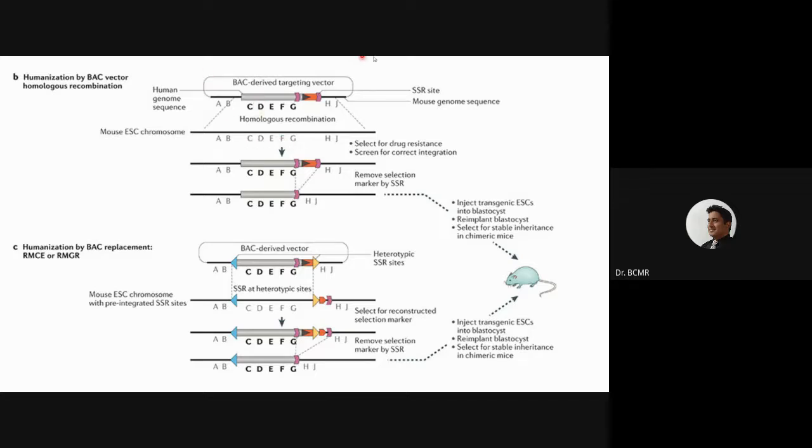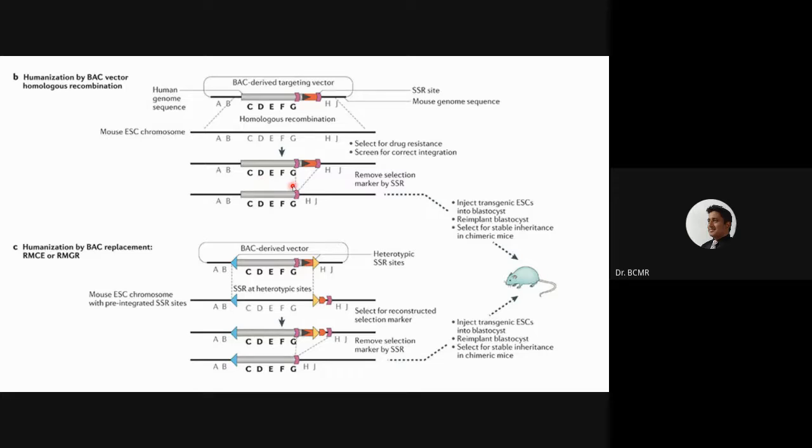So if we put in a vector like this with a bacterial artificial chromosome and allow homologous recombination to happen, AB is there here and here, and there could be homologous recombination. Because of it, the mouse genes are removed and replaced, and you will get CDEFG from humans.